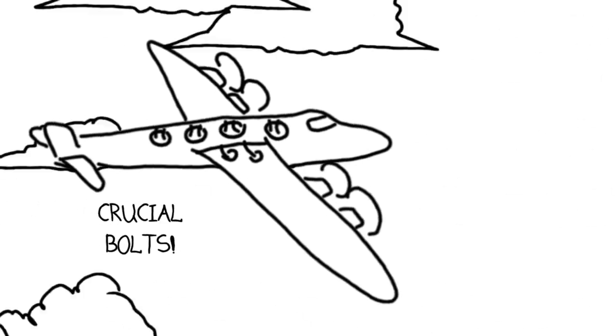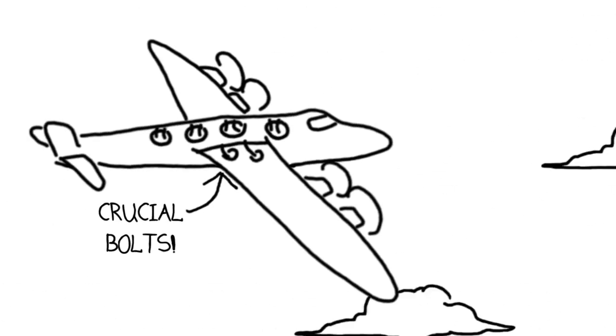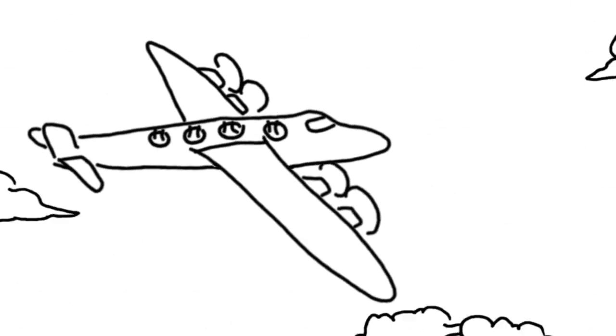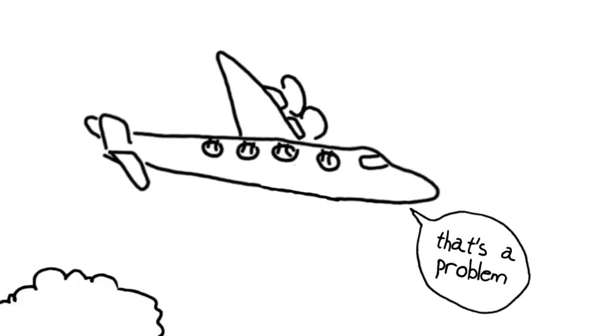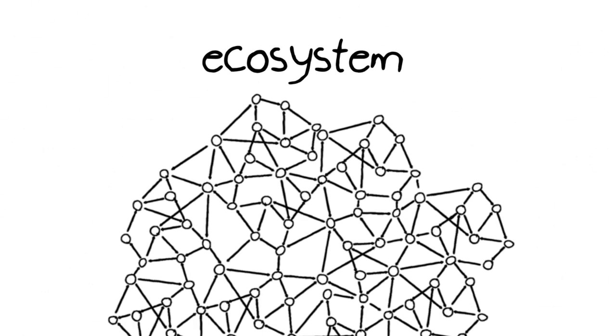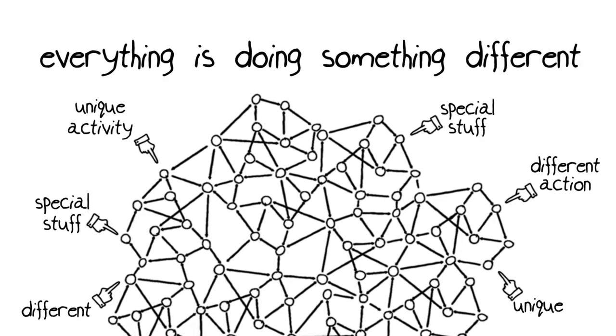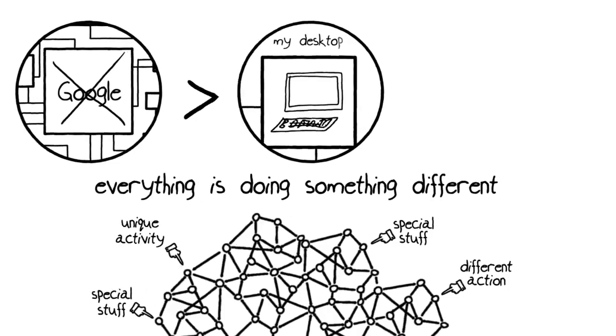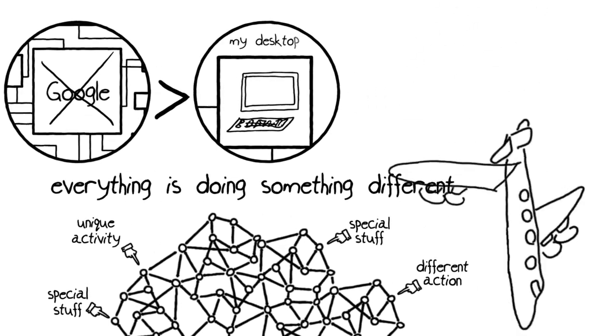But if you do something like remove a couple of the crucial bolts at the base of the wing, here where it connects to the fuselage, then the wing's going to fall off, and we're going to have a problem. Because before you know it, the airplane's going to crash. Same thing with the ecosystem. Everything's doing something different. Some things will matter more than others if you remove them. The more bolts, the better.